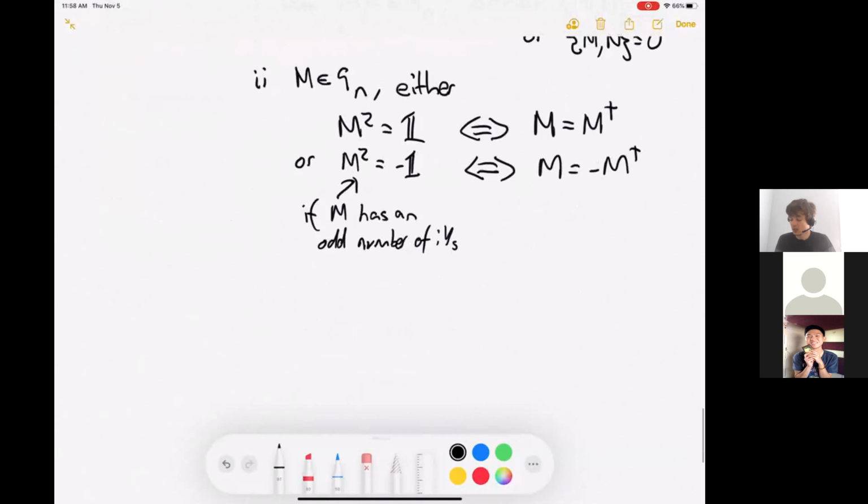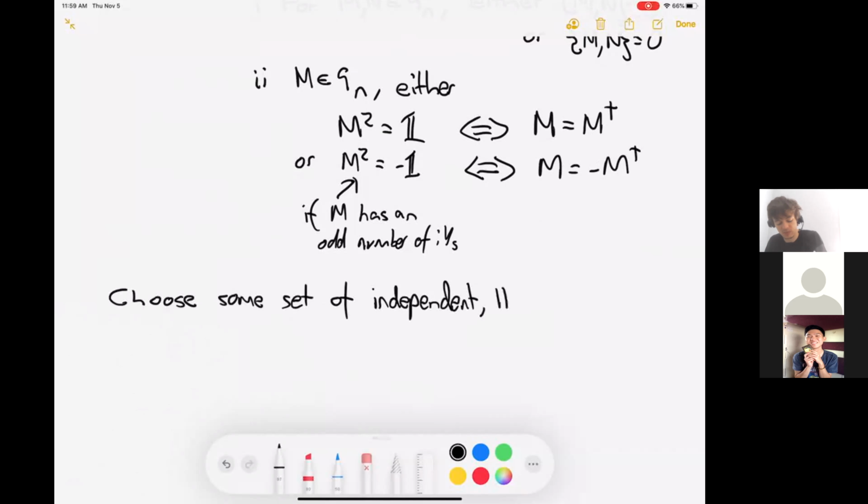Cool. Okay. So now to start creating our stabilizer codes, all we're going to do is choose some set of independent, so each one isn't just a product of some of the others, Hermitian, so things that square to the identity, and commuting elements M_i.